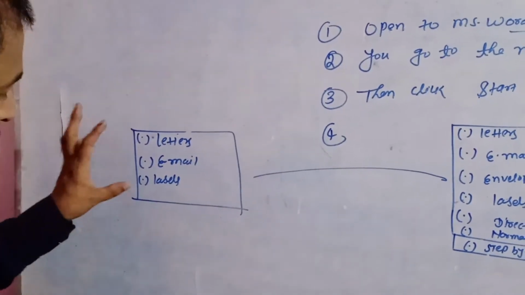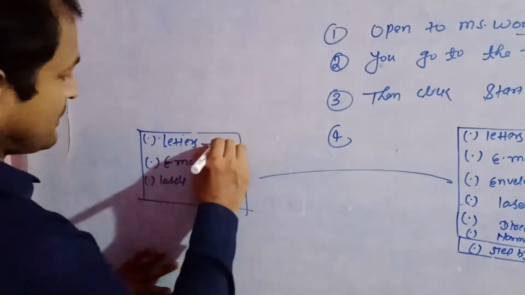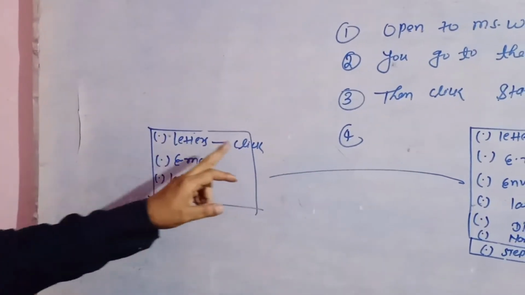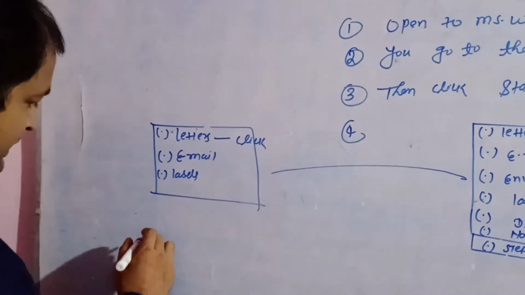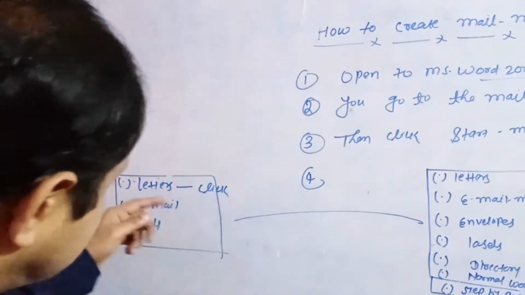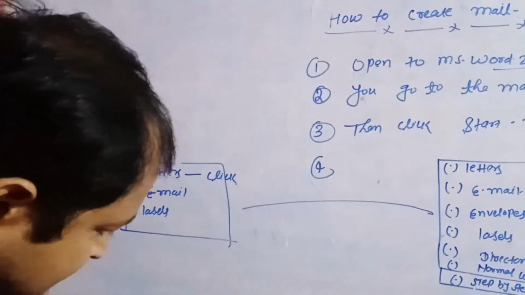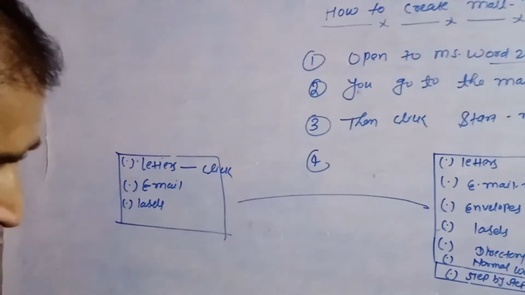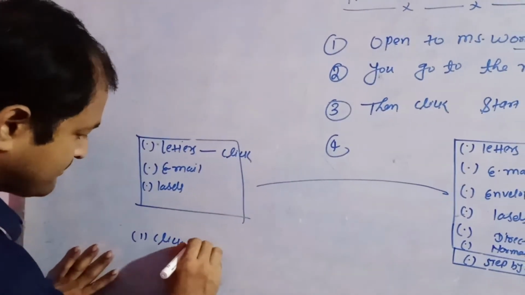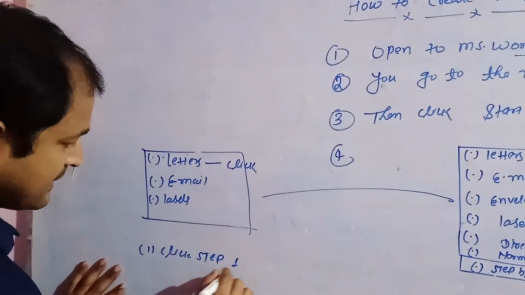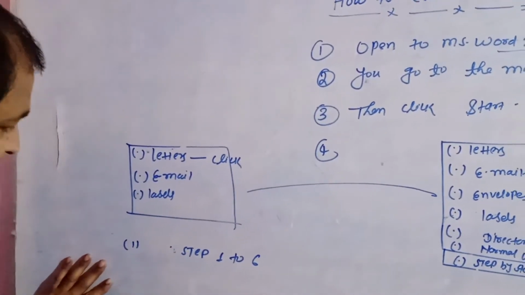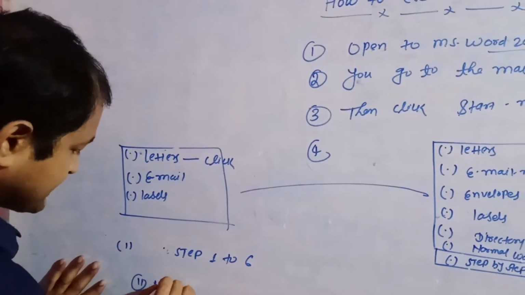But you click the letters option, and then you go to the below part and click step 1 to 6, and click next option.